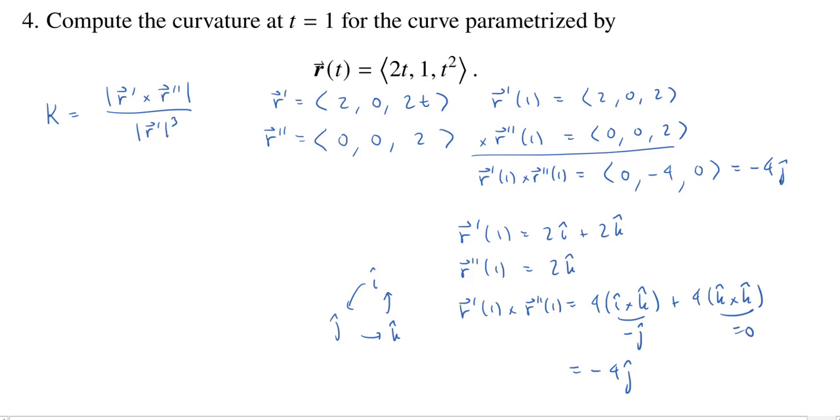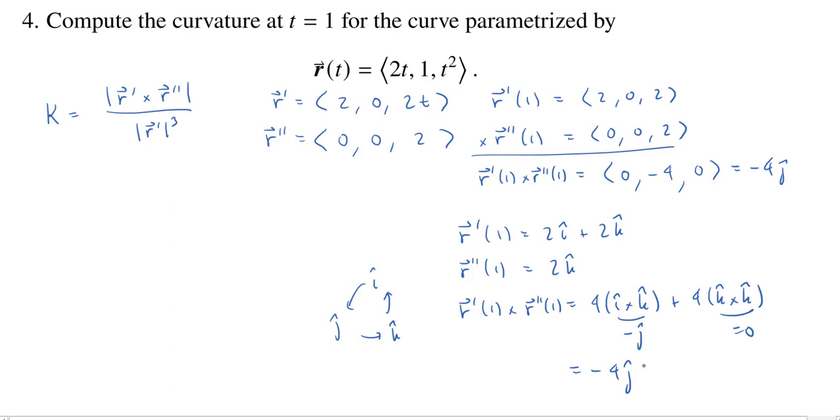Once you get this picture embedded in your mind and you don't have to think anymore, you just say, whenever there's a duplicate, I just ignore it. This actually is a really fast method. I would have looked at this and immediately said, okay, that's 4, negative j, negative 4j. Very, very fast.